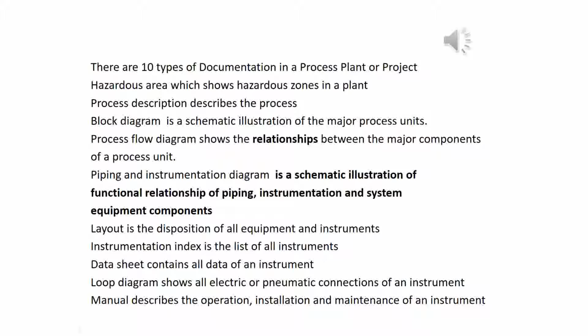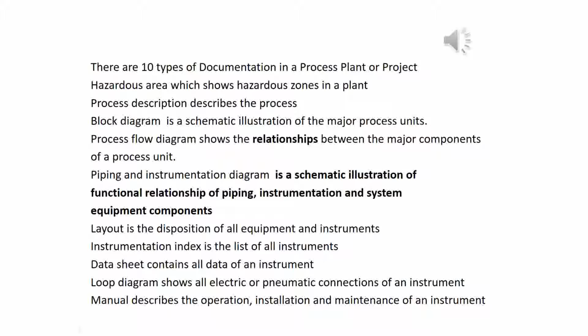6. Layout is the disposition of all equipment and instruments. 7. Instrumentation index is the list of all instruments. 8. Datasheet contains all data of an instrument. 9. Loop diagram shows all electric or pneumatic connections of an instrument. 10.